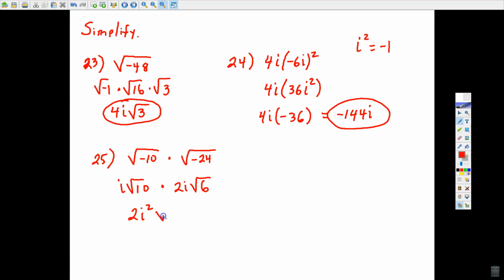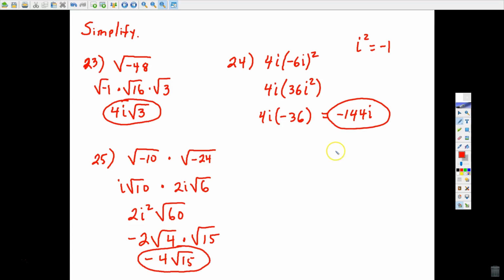I multiply the radicals together, I get root 60. Remember, i squared is -1, so that's -2. And I'm going to simplify the square root of 60 using the square root of 4 times the square root of 15. The square root of 4 is 2. 2 times -2 is -4 times the square root of 15. This is my final answer.